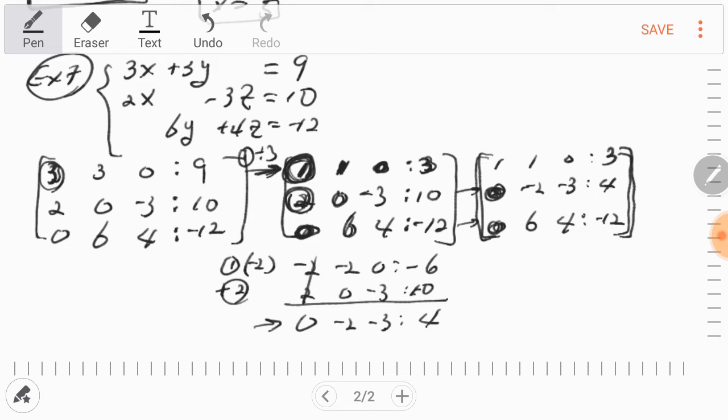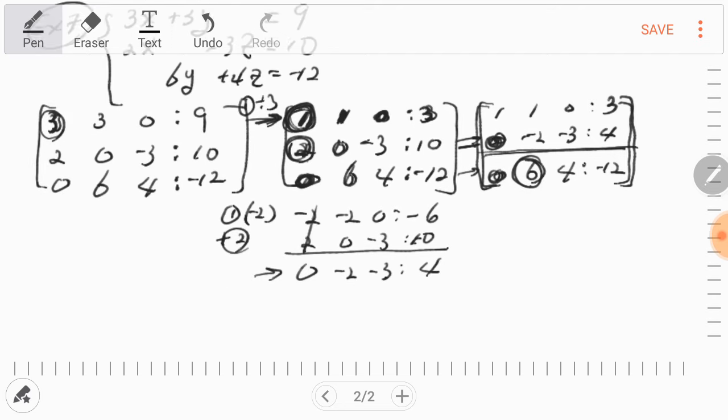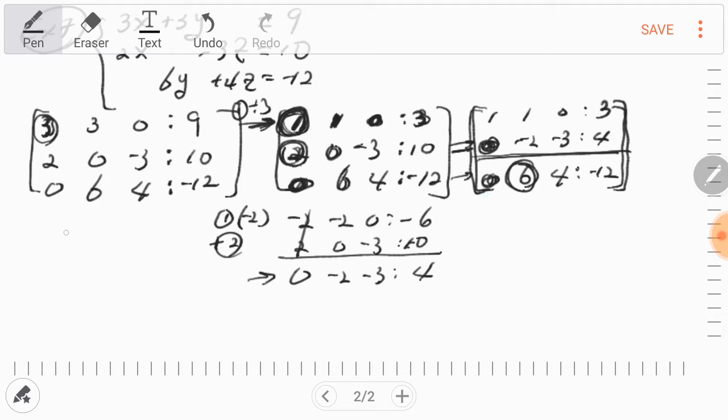And next, we're going to make this 6 into 0 using the second row. How do we make it 0? First let's rewrite the first row and the second row.